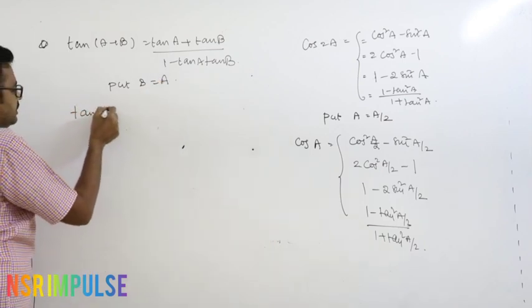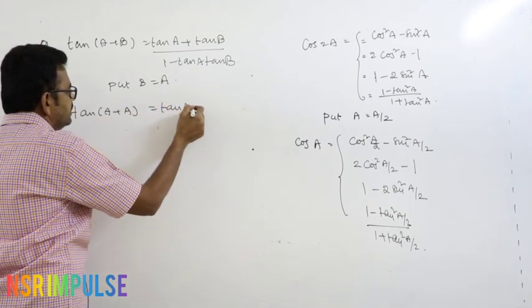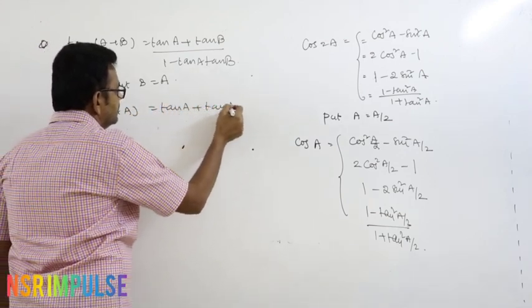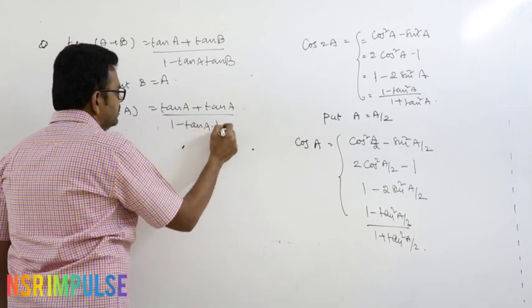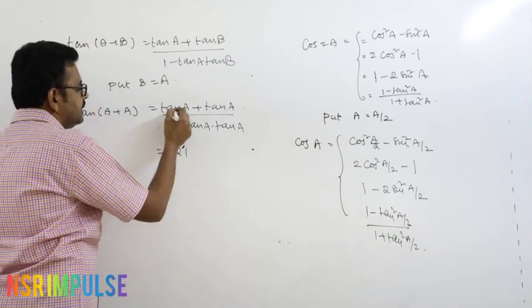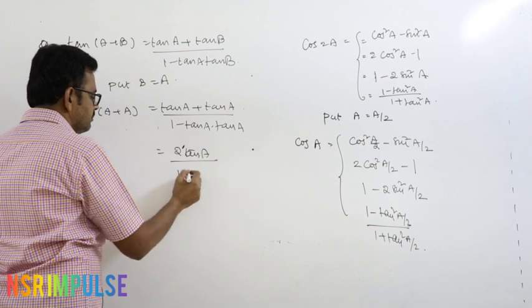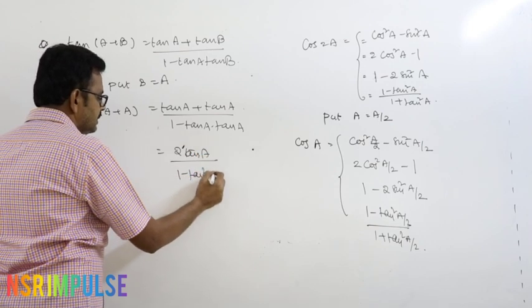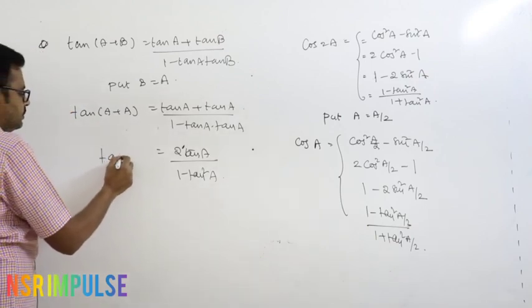So tan of a plus a is equal to tan a plus tan a by 1 minus tan a into tan a. That is equal to tan a plus tan a, 2 tan a by 1 minus tan square a. So this is the tan 2a formula.